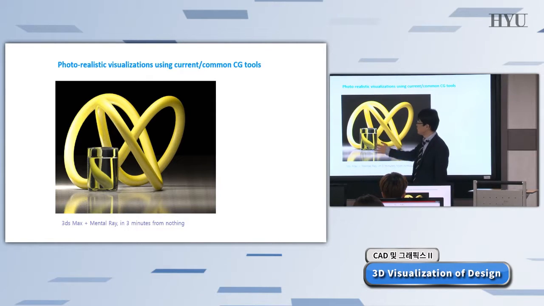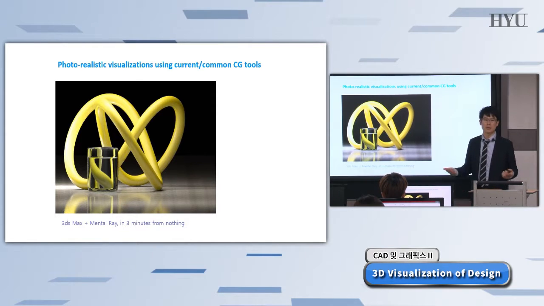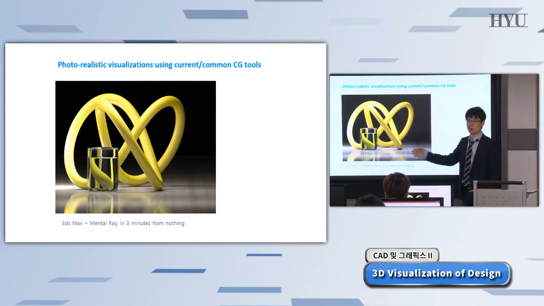So this kind of visualization and representation takes just 3 minutes. That's nowadays' technology in terms of computing and computer hardware. Anyway, today you have to submit something like this by using 3D Max at first use.